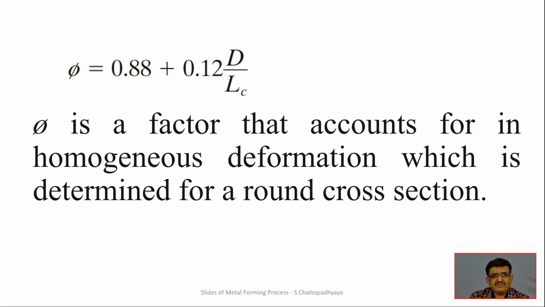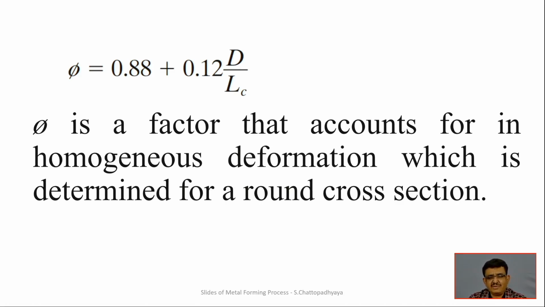Now phi is a factor, we need phi. In that equation we found a phi, that is nothing but a factor, and this factor accounts for the inhomogeneous deformation, which is determined for a round cross section. This is a typical factor, and we have to consider that, and that will depend on the diameter d and the length of contact in the die.